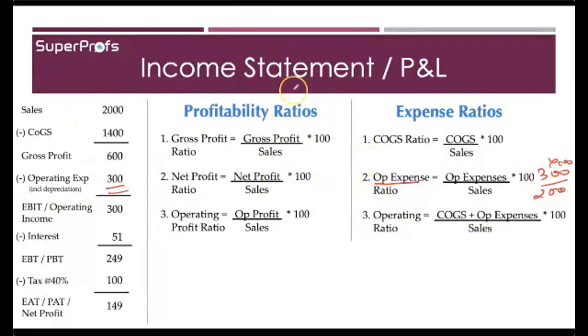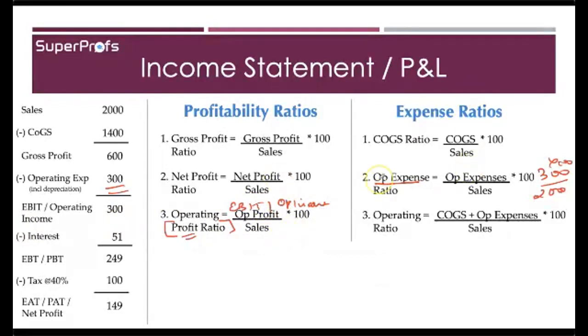Now do not get confused between these three ratios. One is operating profit, the key term being profit here. So you divide operating profit by sales, and operating profit is your EBIT or operating income.